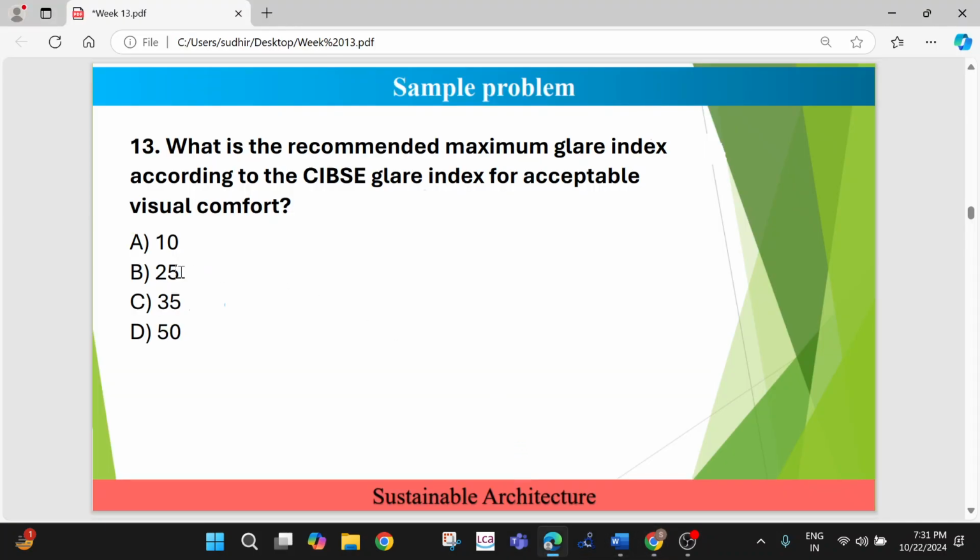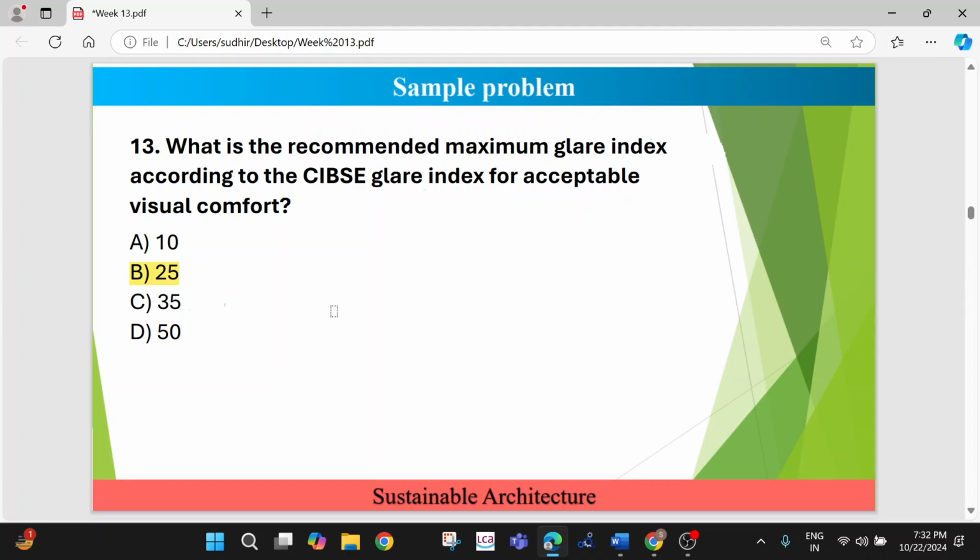So for this question, most of you have marked option B, and B is the right answer. For those who have not marked it correctly, whenever this CIBSE glare index is discussed, it is suggested that up to 25 is the acceptable visual comfort range.